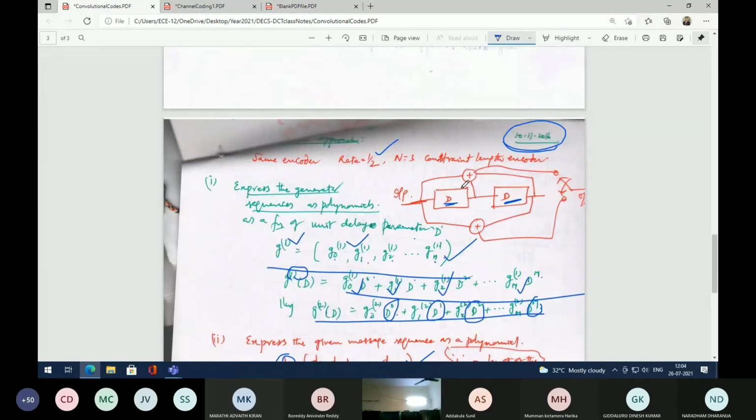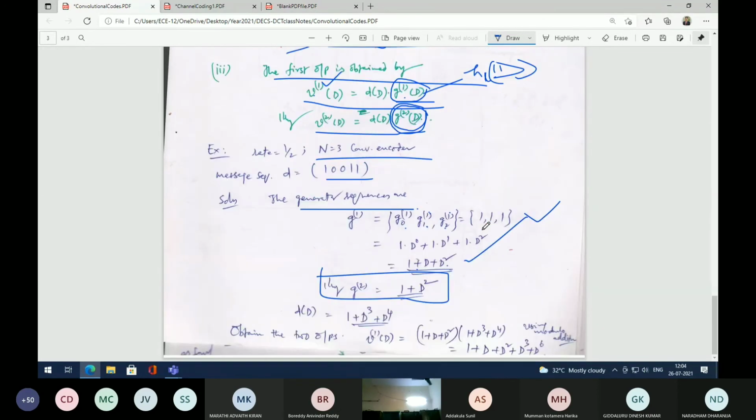See that in this example, 1 is the input, the second one is what you take after a delay as another input, and the third one is another input. So the three inputs together give 1 plus D square.